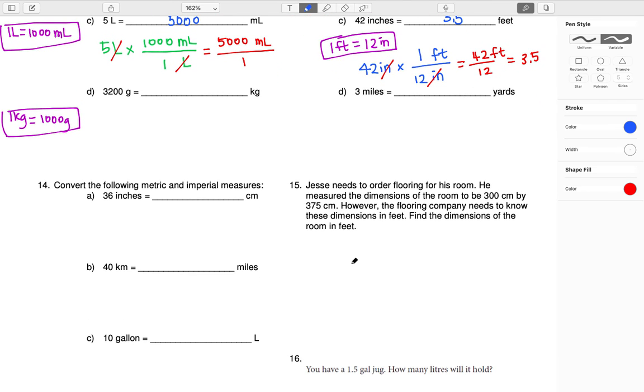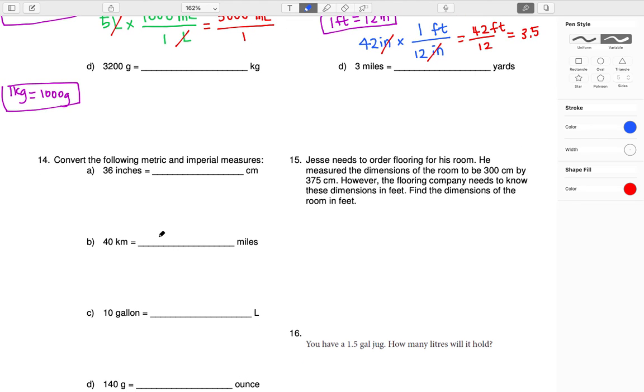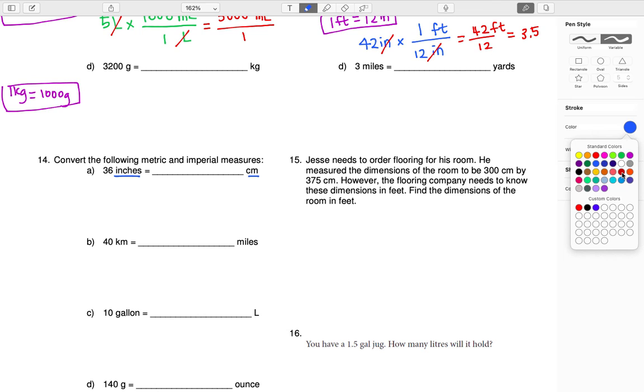Okay. And lastly, let's take a look at number 14. So we are converting between metric and imperial measure. So we need to take a look at how to go from inch to centimeter. So to go from inch to centimeter, we have to look at what is 1 inch.